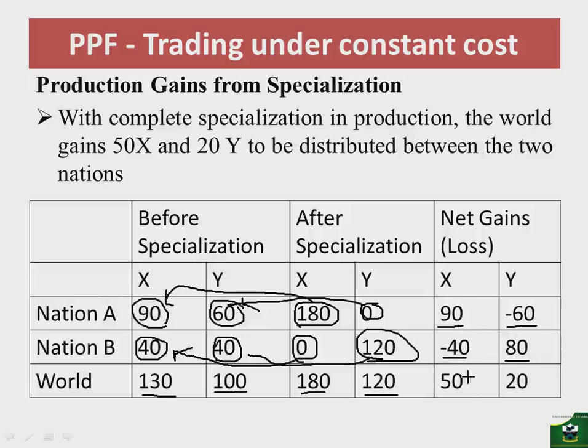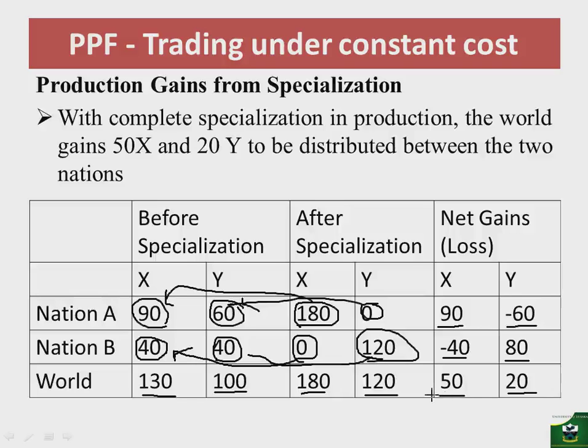And if we sum up these units to get the net gains, we see that in commodity X, we gain 50, and in commodity Y, we gain 20 as a result of specialization.